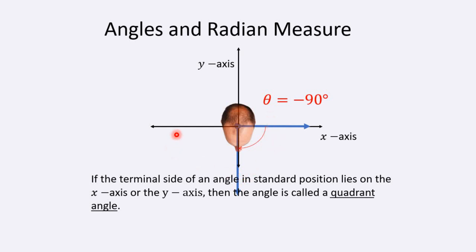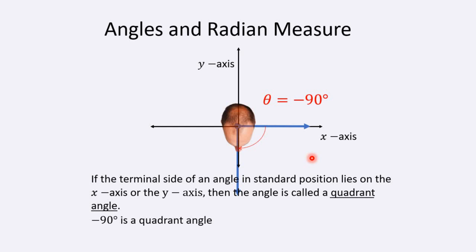Then negative 180 degrees, a half turn in the clockwise direction, then negative 270 degrees, a three-quarter turn in the clockwise direction, and negative 360 degrees. So these degrees measure the amount of rotation. Negative 90 degrees is what we call a quadrant angle.